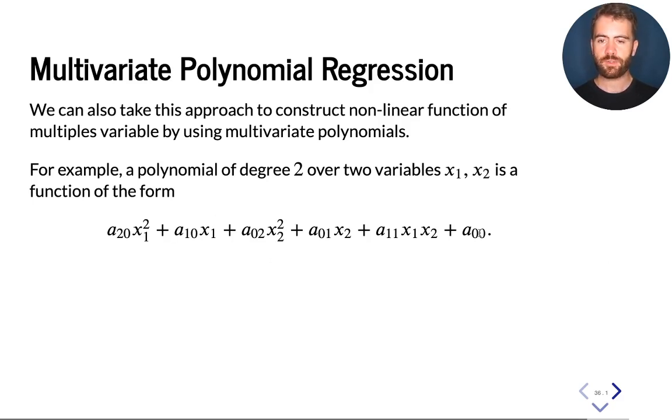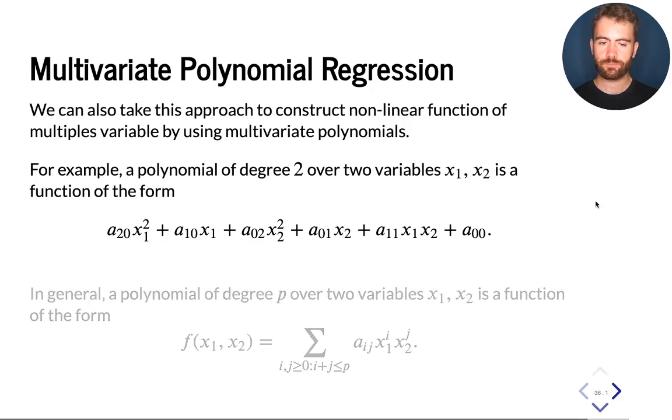Essentially this general family of polynomials involves terms where the first variable x1 is squared and x2 is squared, and then we have also x1 to the power 1, x2 to the power 1, both of them to the power 0, and we also have a cross term where we're multiplying x1 by x2. And the highest power in this polynomial is 2, which makes it a multivariate polynomial of degree 2.